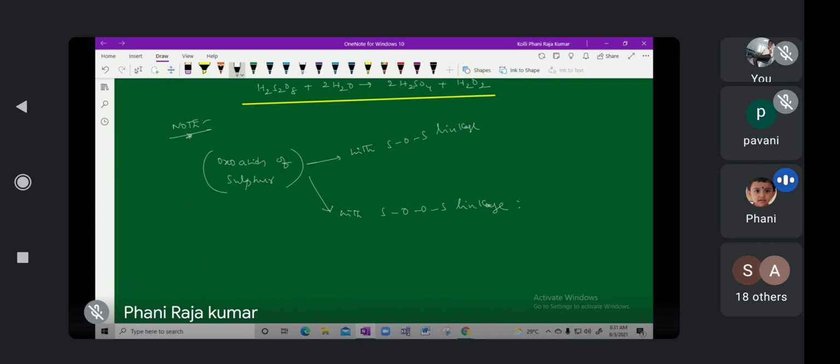Only two compounds we have. One is H2S2O7, another one is H2S2O8. These two compounds also please highlight. No SS linkage. One compound SOS, another compound SOOS linkage, peroxy compound, oleum and Marshall's acid.